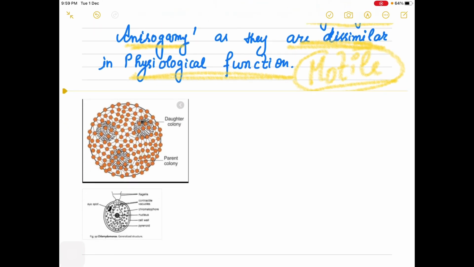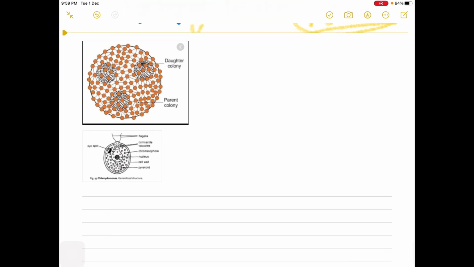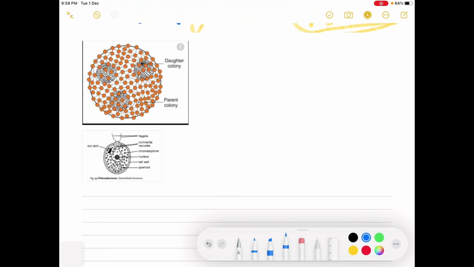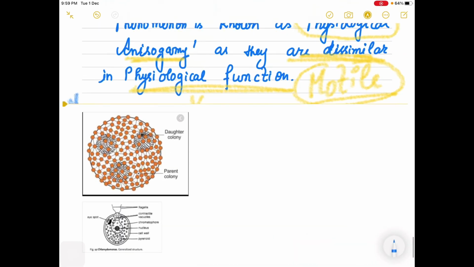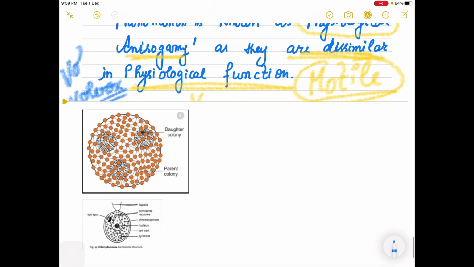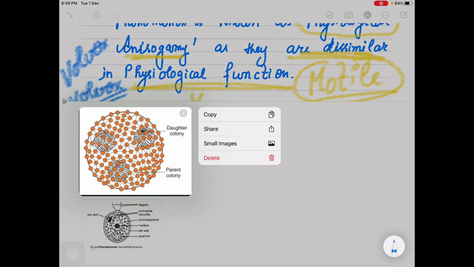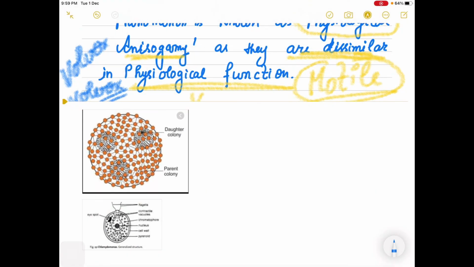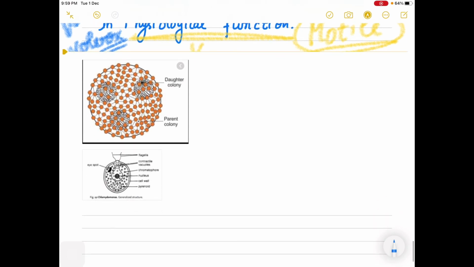This is the diagram of Volvox. Let me write it down here, right? This is the diagram of Volvox which you can add in your notes. This is the Volvox, which is showing this one as the daughter colony, and the orange one is the parent colony here.